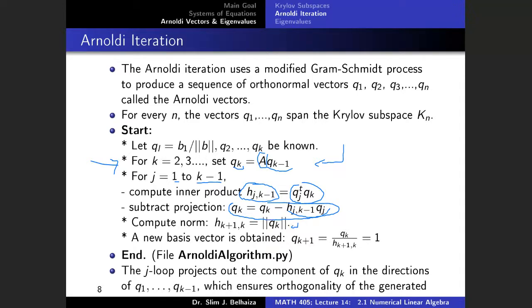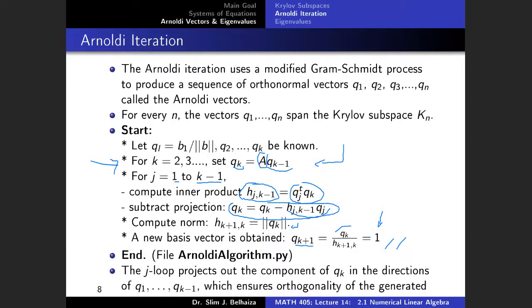And you can say now the new vector you generate is what you call q_{k+1}, which is q_k divided by its norm, so it has norm 1. And automatically, every time you update, you will end up with orthonormal vectors. They are orthogonal because you just made sure that you subtracted the remaining part, which is the dot product. And next, they have unit norm. So this is the base idea of the Arnoldi algorithm.